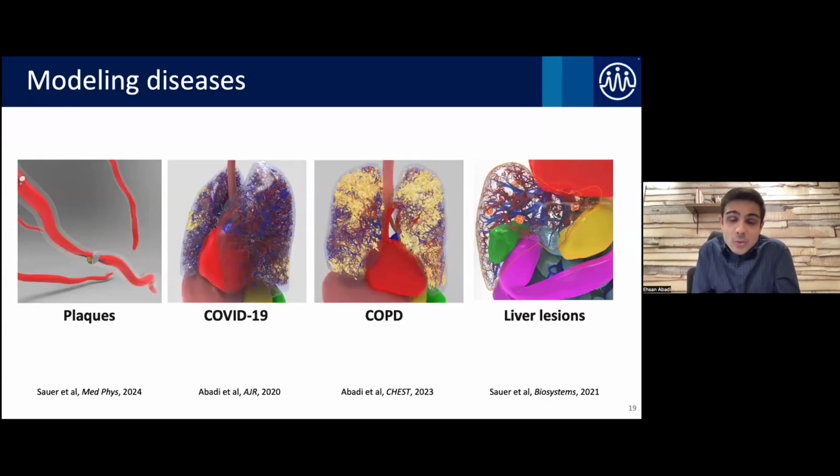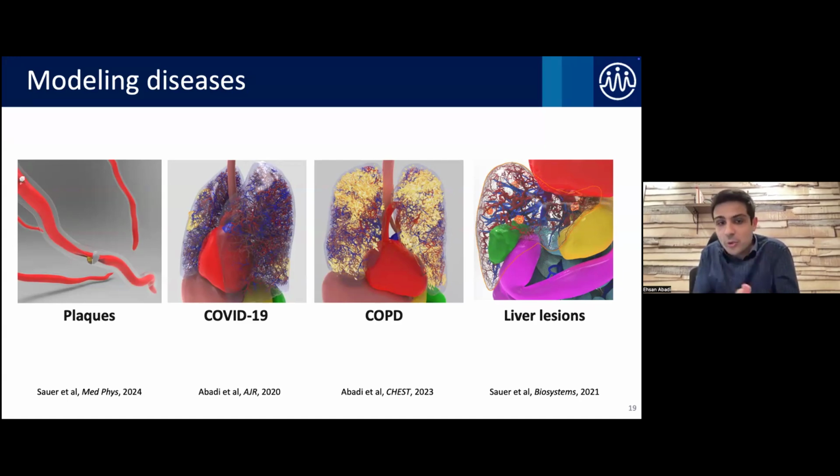Modeling disease is also quite important. We often do our imaging for not healthy patients, but rather disease patients. So with this, we need to be able to create these models across different diseases. I'm showing you a few examples of our efforts on creating cardiac plaques, COVID pneumonia, COPD, including emphysema and bronchitis, and liver lesions and lesions across different organs as well.